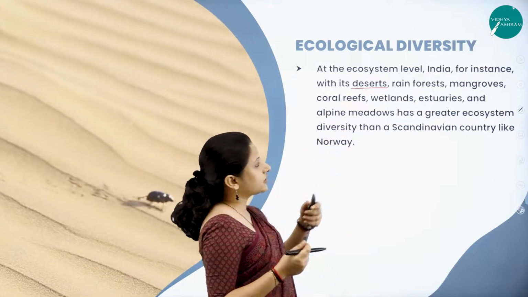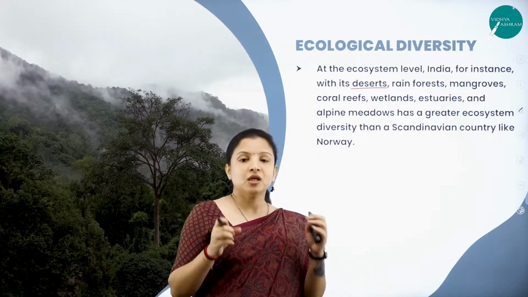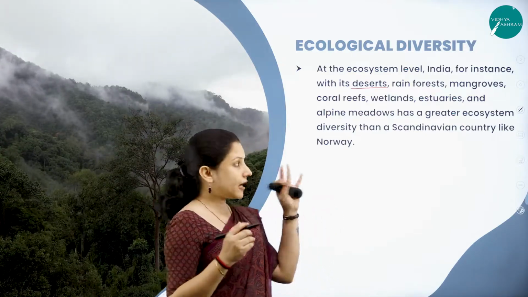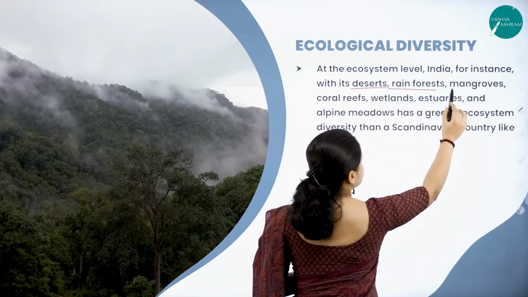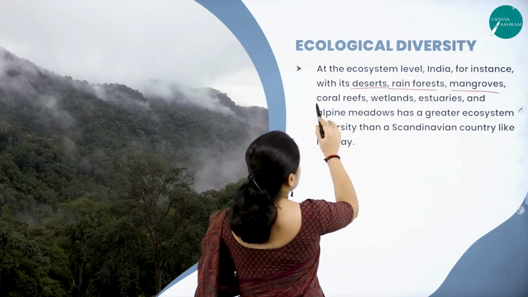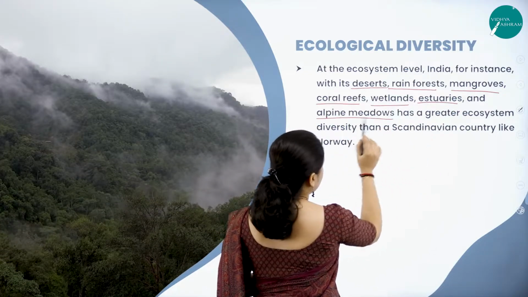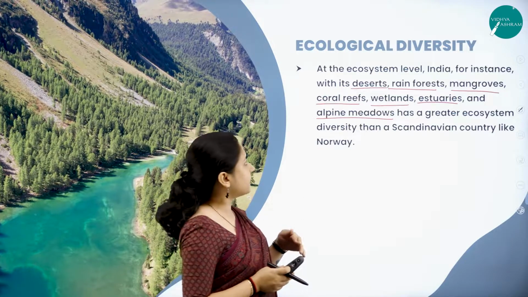So at the ecosystem level, we'll take India as an example, wherein we find in India itself deserts, rainforests, mangroves, coral reefs, then wetlands, estuaries and alpine meadows. Alpine meadows you find in the Himalayan regions.